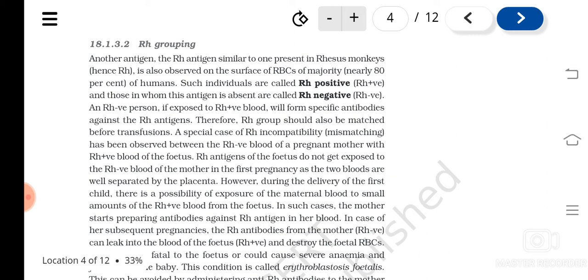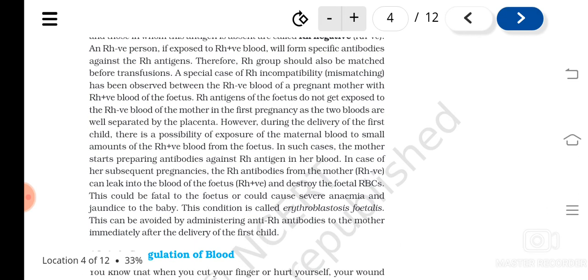In subsequent pregnancies, the Rh antibodies produced in her will diffuse into the blood of the fetus and destroy the fetal RBCs.